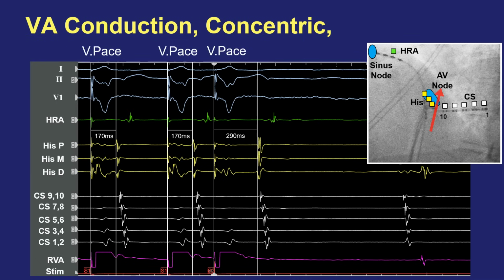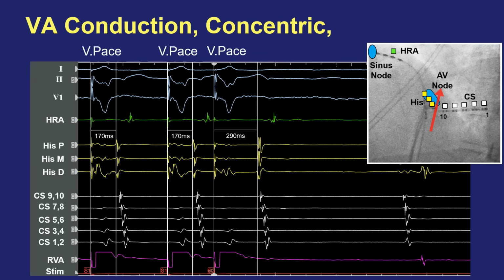So let's measure the VA time on these 3 beats. In the 8 beats in a row that we first paced in the ventricle, the S1s or the V1s, the VA time as measured from the pacing stimulus to the earliest atrial activation is consistent at 170 milliseconds. However, on that early S2 challenge beat where we paced a little sooner, we have a much longer VA conduction time of 290 milliseconds.